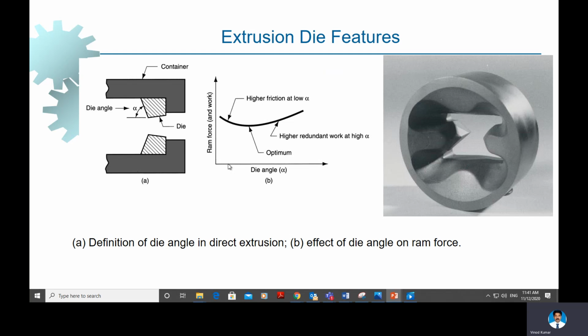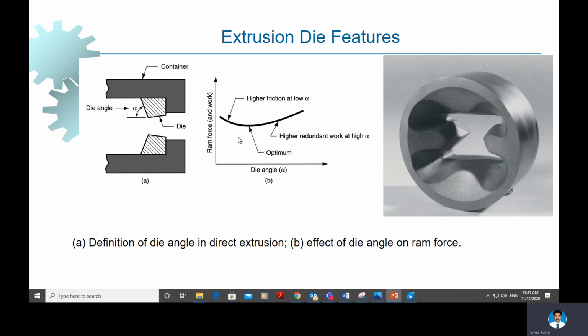So if it is a low die angle, then the frictional pressure will be high between the material and the dies, and as you could see here, at an optimum angle only less amount of ram force is required. If we keep on increasing the die angle alpha to a higher side, we can see the redundant work at the higher angles of alpha.